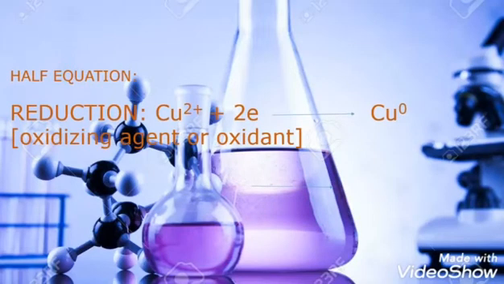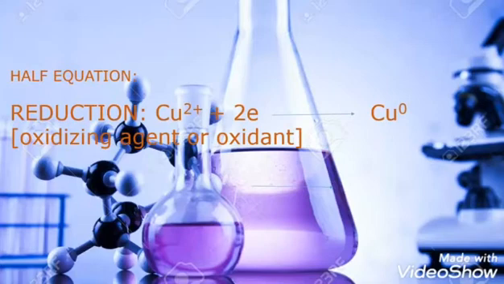For reduction, since copper changes from +2 to 0, it means that you gain electrons. For you to know the number of electrons that you gain, multiply the charge to the number of atoms present of that element. So for example, I have one atom of copper times 2 since the charge is 2, and then since I gain electron, the symbol would be positive.